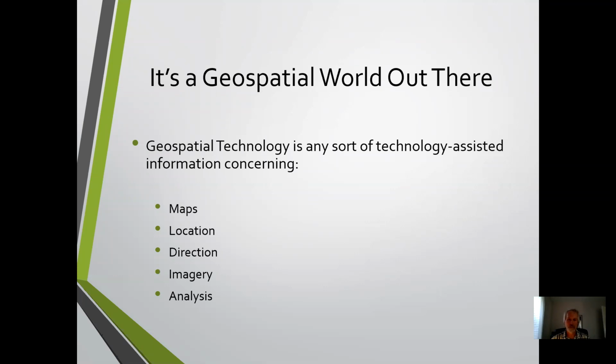I think surveying, our group is getting more and more involved in that, but some people probably aren't using that as much as others. And the analysis, depending on what you're doing, obviously we do a lot of analysis, okay? So geospatial technology would be anything that is technology-assisted information concerning these things, not necessarily all of them, right?